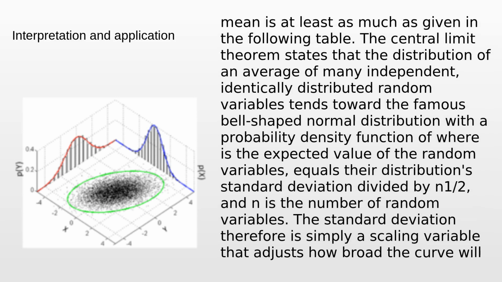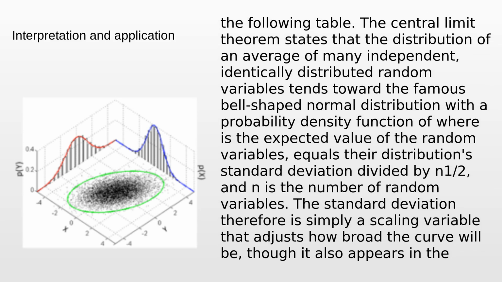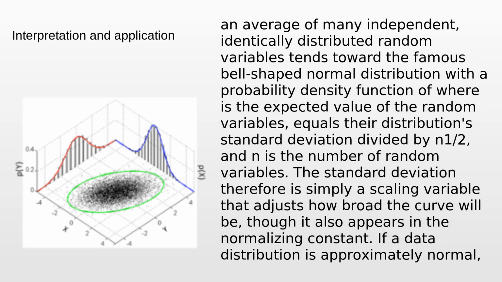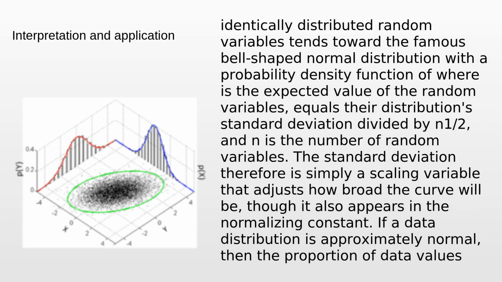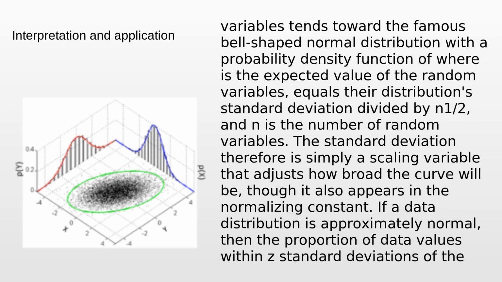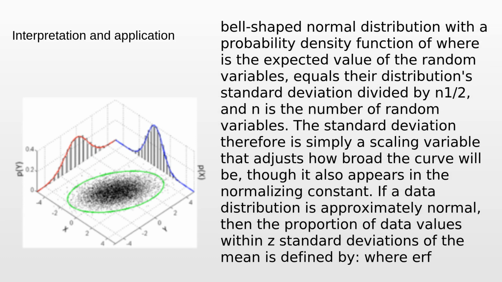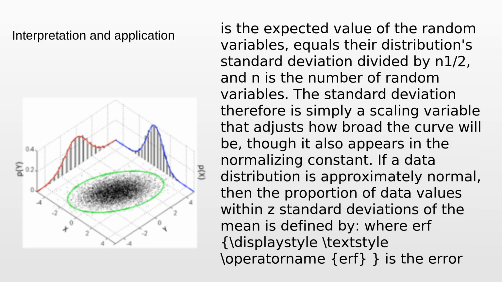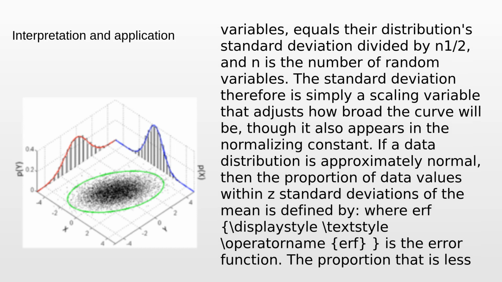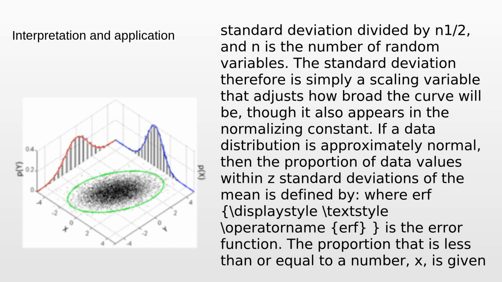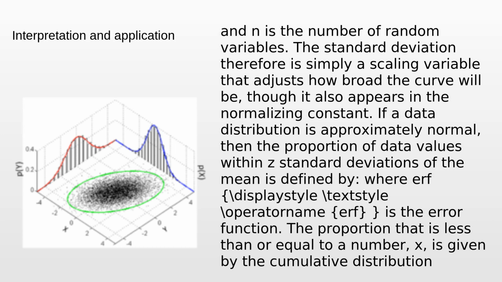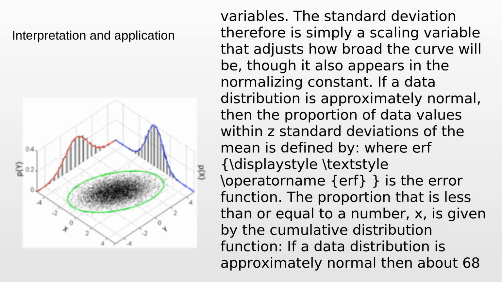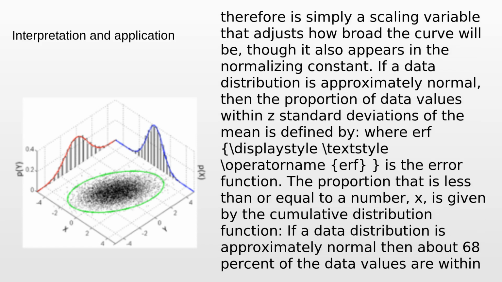The central limit theorem states that the distribution of an average of many independent, identically distributed random variables tends toward the famous bell-shaped normal distribution, with a probability density function of, whereas the expected value of the random variables equals their distribution's standard deviation divided by n^(1/2), and n is the number of random variables. The standard deviation therefore is simply a scaling variable that adjusts how broad the curve will be, though it also appears in the normalizing constant.